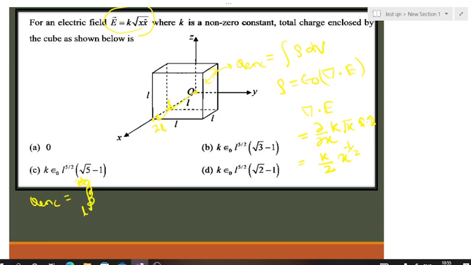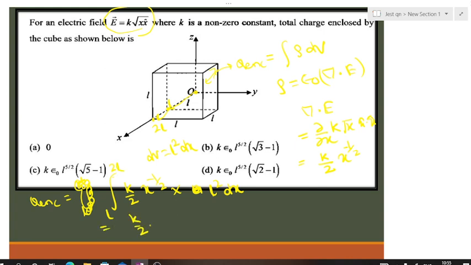First we have to do k by 2 x power minus half into dV. Here the volume element dV will be L square dx, and the limit will be from L to 2L.